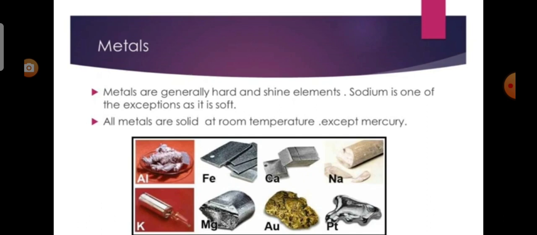All metals except mercury are solid at room temperature. Mercury is the only metal that is liquid at room temperature. Copper, lead, tin, nickel, iron, zinc, gold, magnesium and calcium are examples of metals.